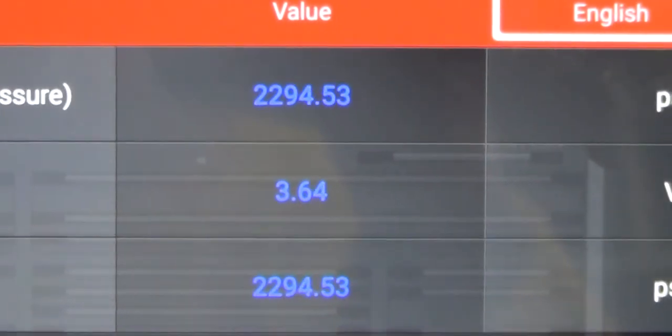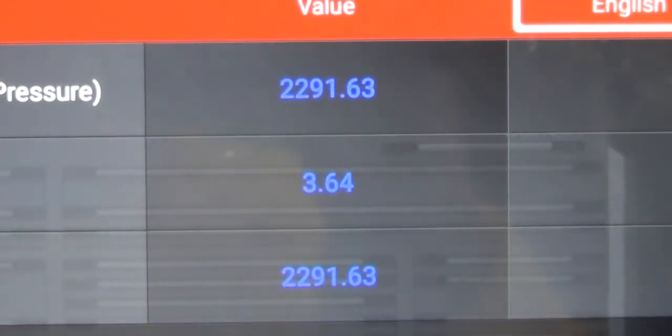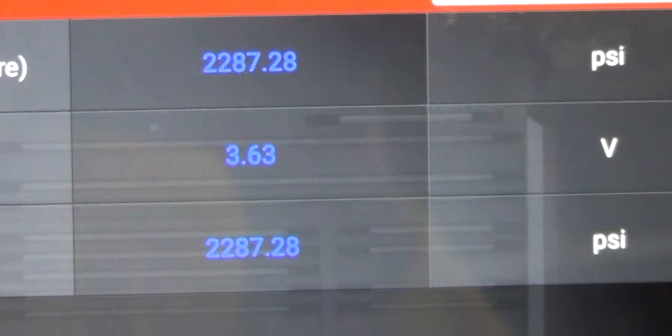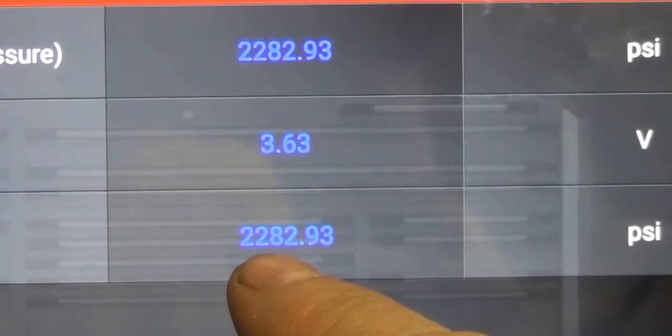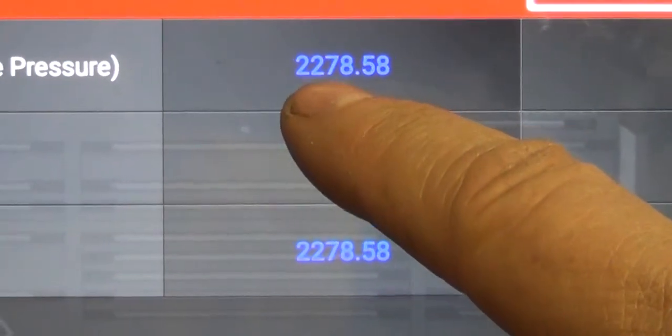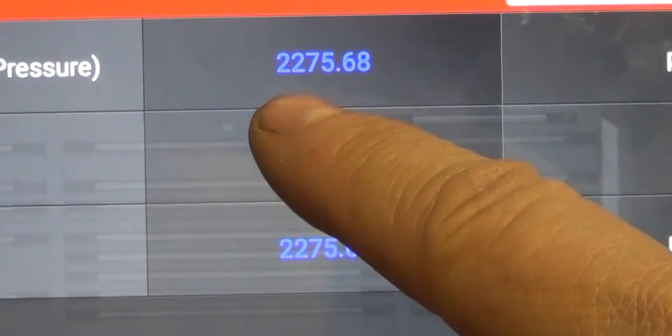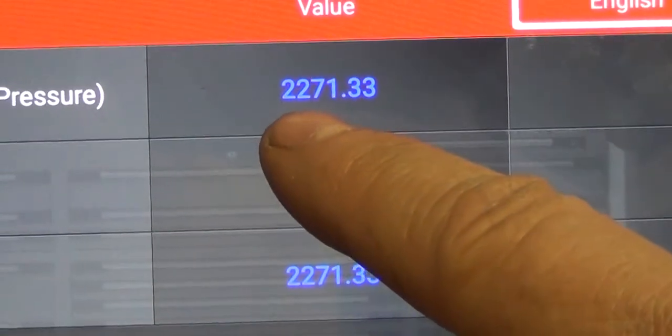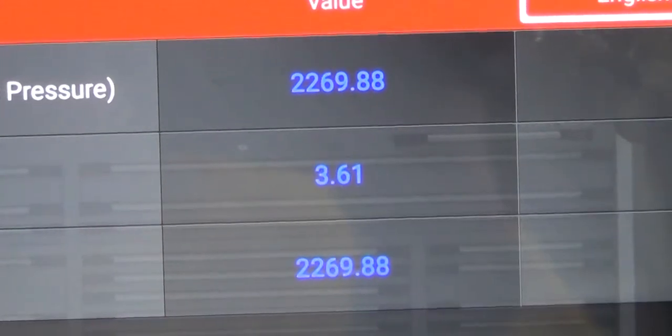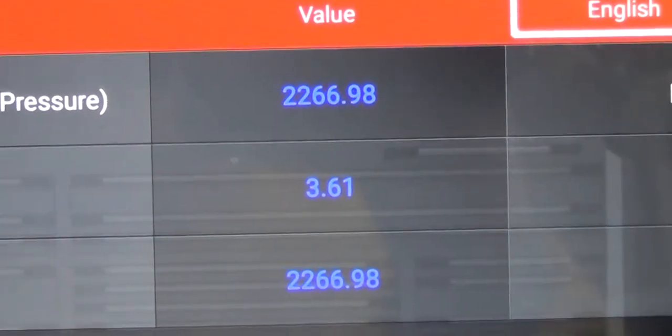Okay, as you can see, the set point went up, and the actual pressure inside the fuel rail went up too. So that means the fuel pressure is fine on this vehicle.